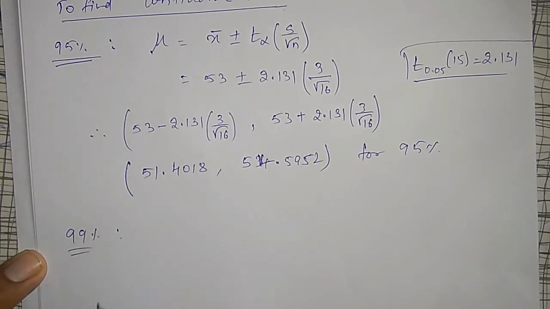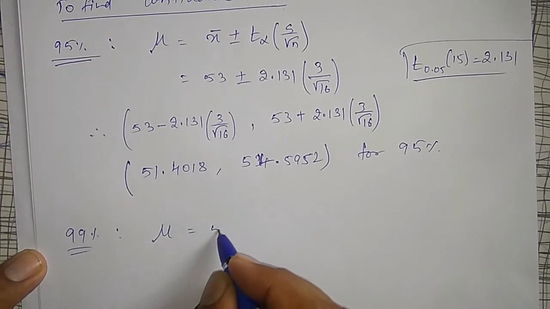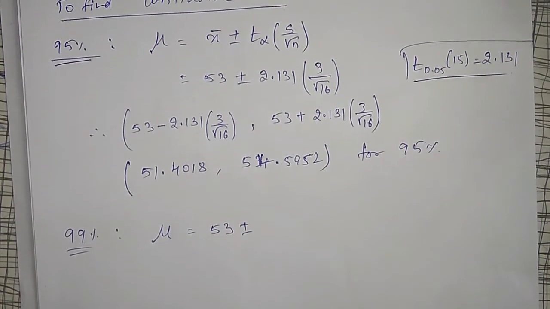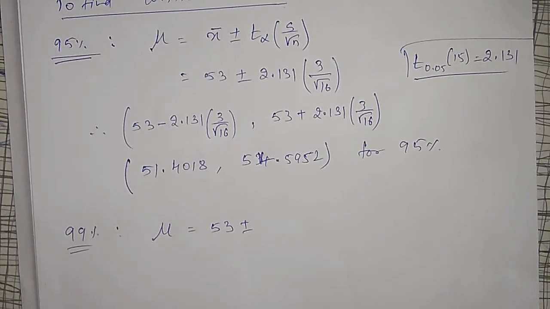Like that for the 99% confidence limit, mu must be equal to 53 plus or minus, for 99% level of confidence, that value I have to check in the table.